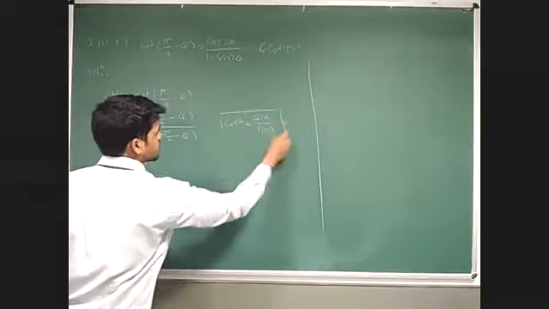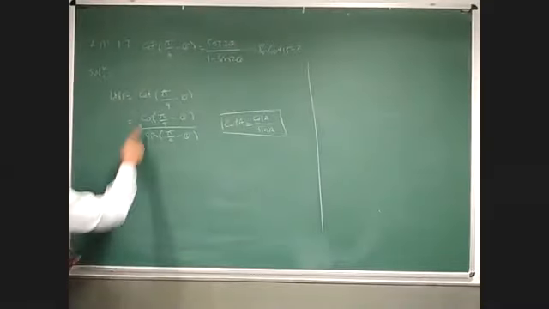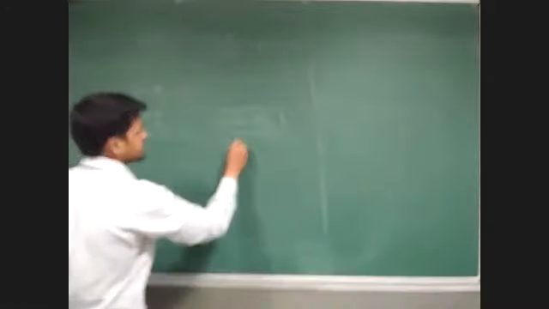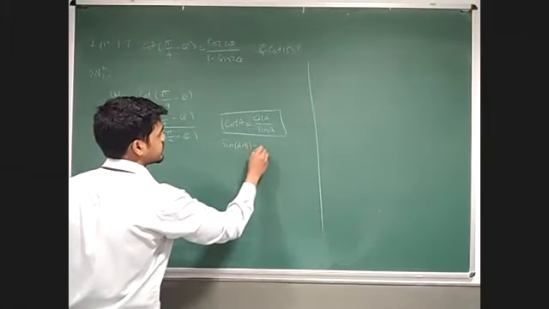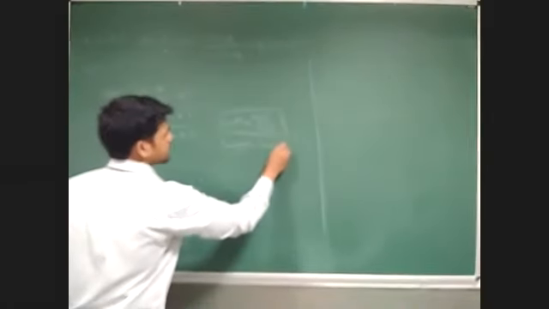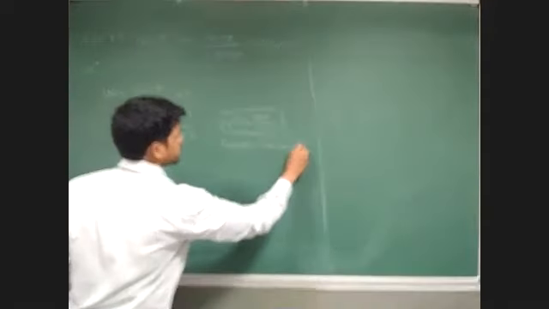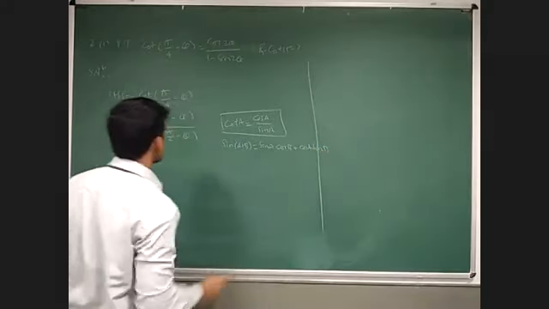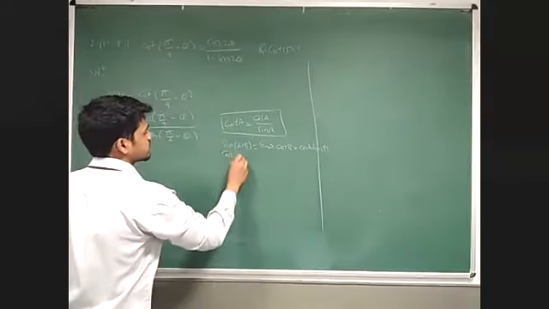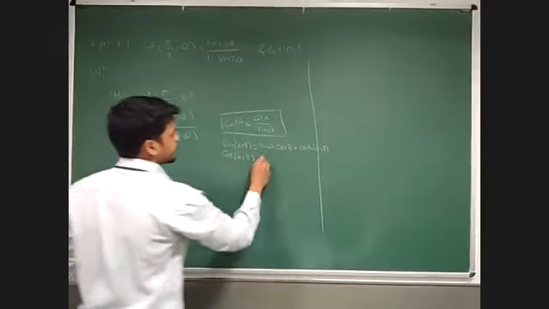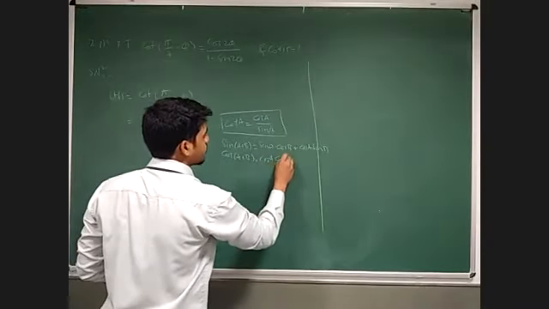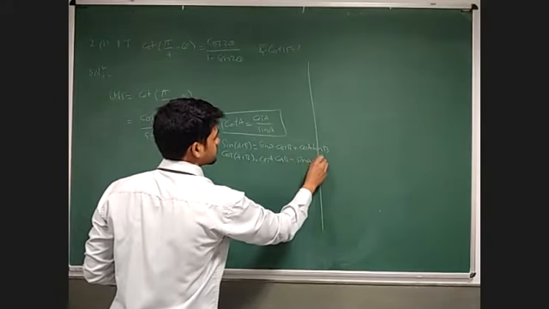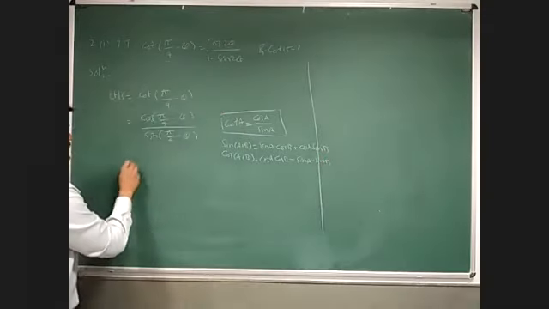Now I know sin(A plus B) is sin A cos B plus cos A sin B, and cos(A plus B) is cos A cos B minus sin A sin B. So just apply the formula.